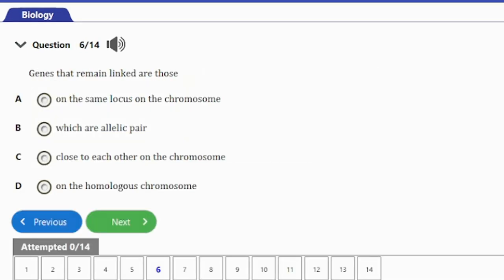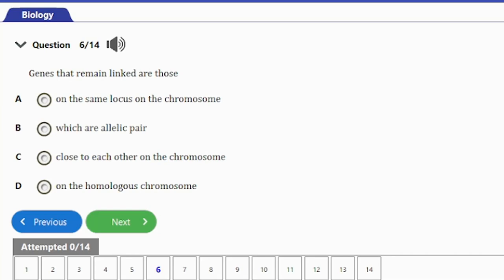Question number 6 here. It says, genes that remain linked are those A, on the same locus on the chromosome, B, which are allelic pair, C, close to each other on the chromosome, D, on the homologous chromosome. So the answer to this question is option C, and that's close to each other on the chromosome.